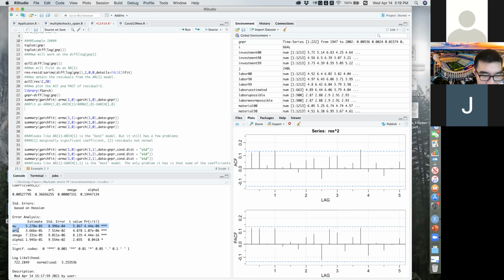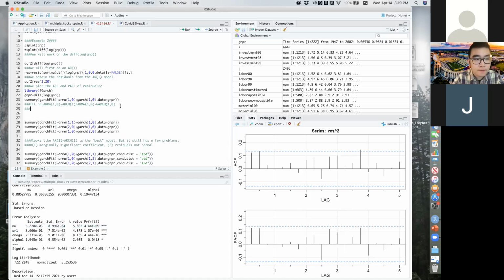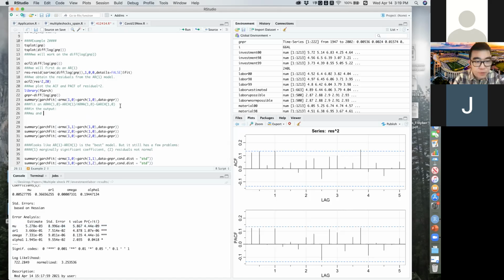The first part is mu and AR1, which are the coefficients for the ARMA(1,0) part.